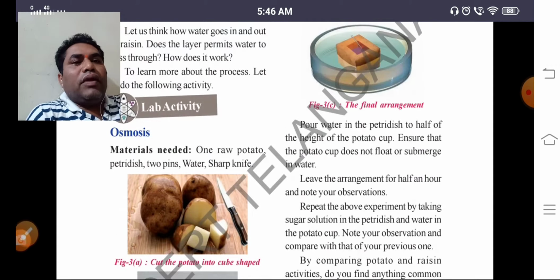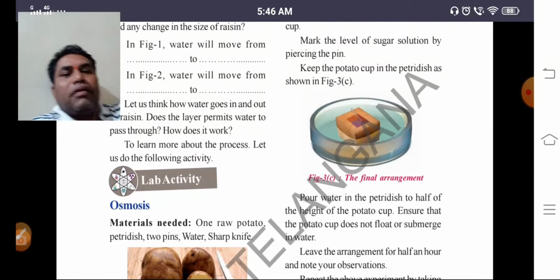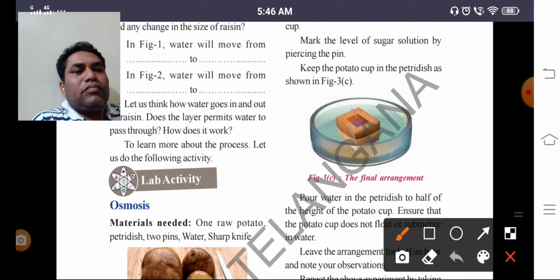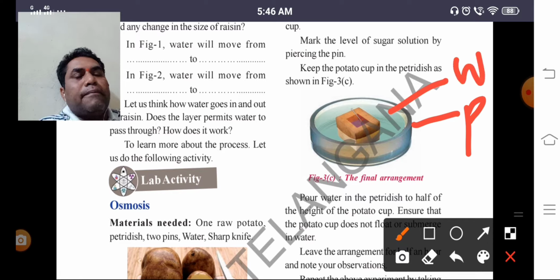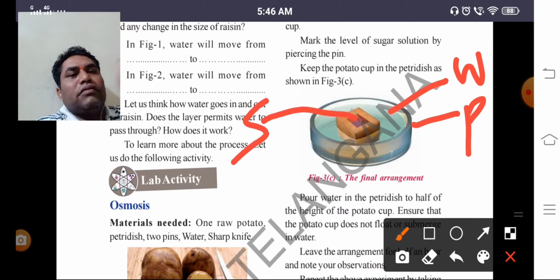Now let us take this picture. This is the petri dish, and inside the petri dish there is water, and inside the potato there will be a sugar solution.